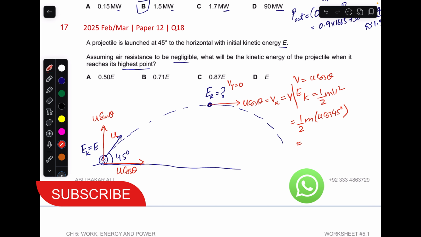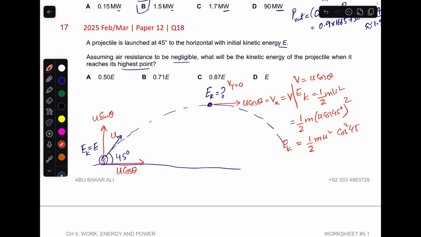When you solve this, it will be 1 by 2 m u squared cos squared 45. And if you see, at the start this energy was equal to half m u squared, initial velocity is u, right?